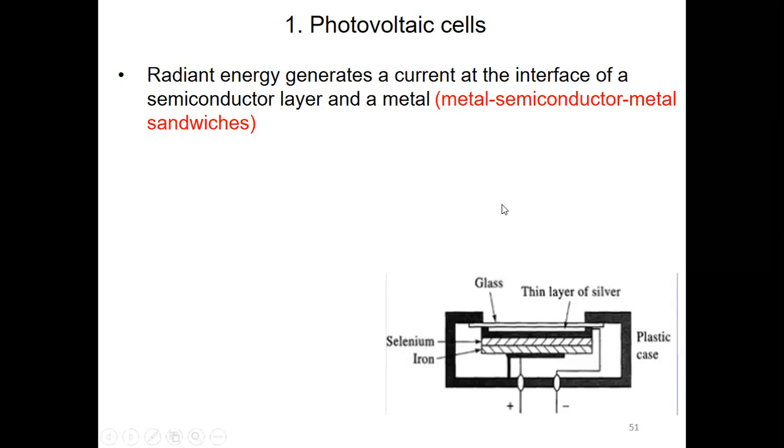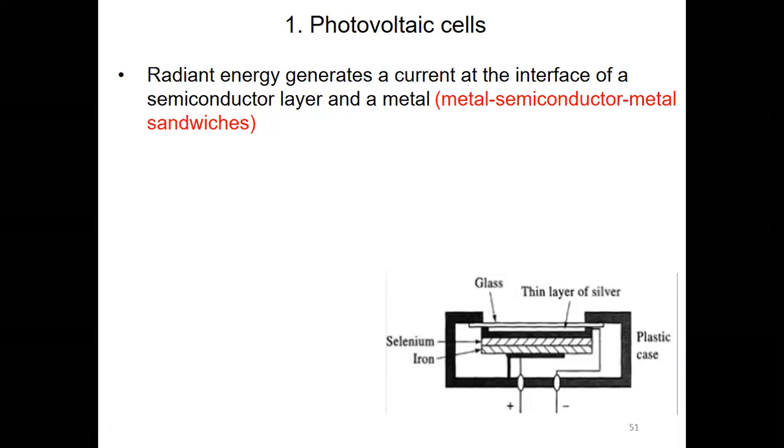So what is happening when radiant energy comes? It comes from this way. Radiation which is emitted from the monochromator exit slit will come from this direction, and then because of the radiant energy of that radiation, it will generate a current at the interface of the semiconductor layer and metal.